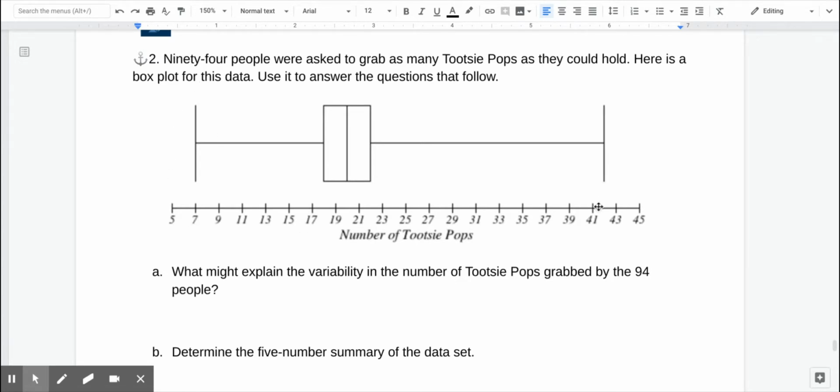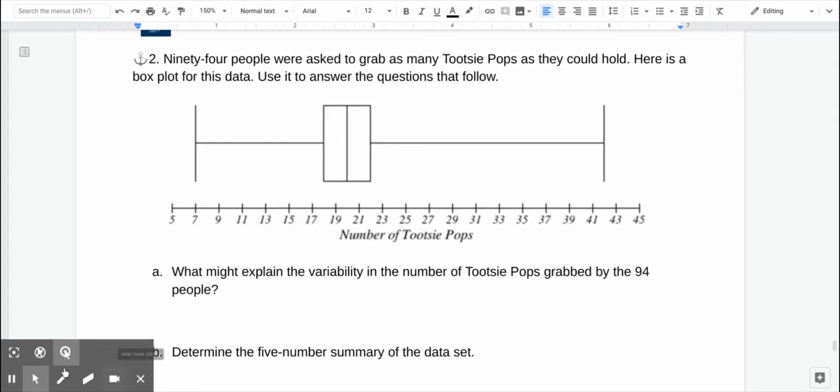Maybe the person who grabbed 42 had really, really large hands. That seems like an amazing number of Tootsie Pops, so I'm imagining that that's in 2 hands. Even then, that seems really, really high. Still, they could have a really gigantic hand.